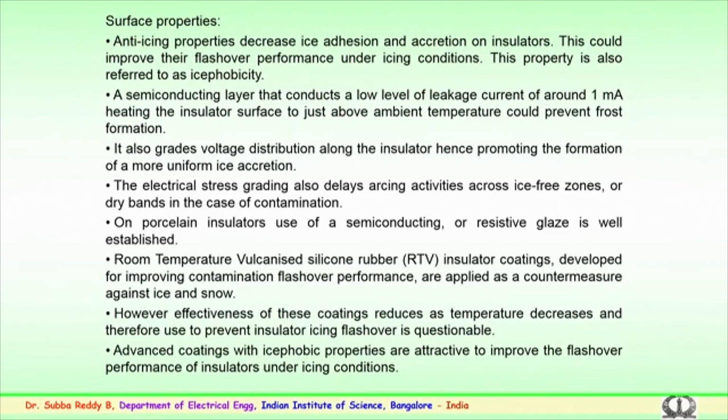However, the effectiveness of the above coatings, that is room temperature vulcanized silicone rubber coatings, semiconducting glazes or resistive glazes, will reduce as temperature decreases, and therefore their use to prevent insulator icing is again a problem to be addressed.